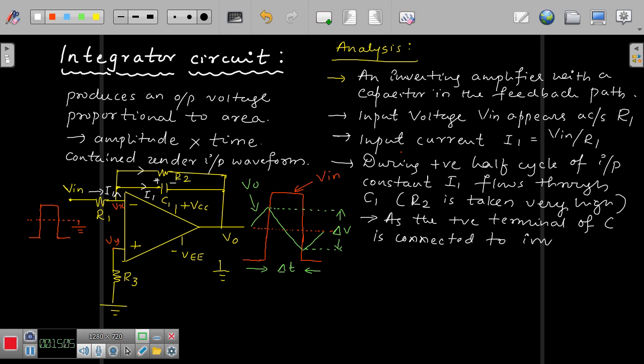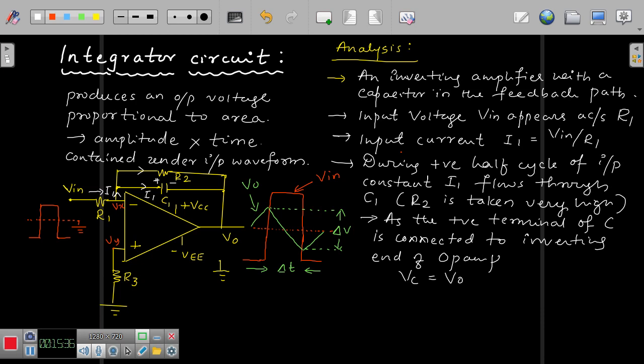As the positive of the capacitor is connected to the inverting terminal of the op amp, this inverting terminal is nothing but the virtual ground. We have already taken this Vx as well as Vy. So now what exactly happens? The voltage across the capacitor, that is Vc, is nothing but V naught.